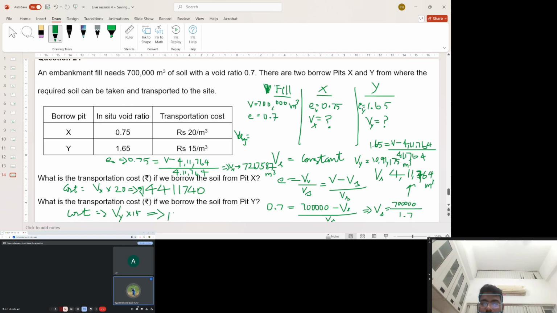You get 16,367,625 rupees separately, and this one is cheaper. Right?